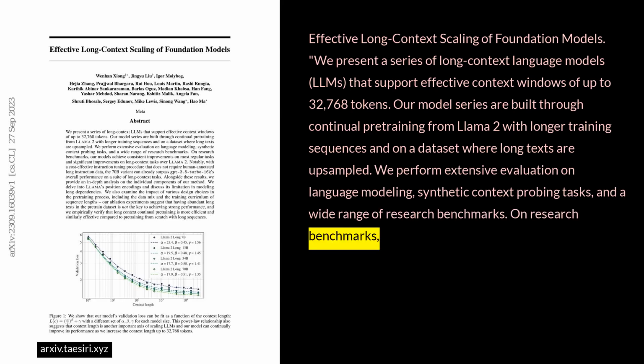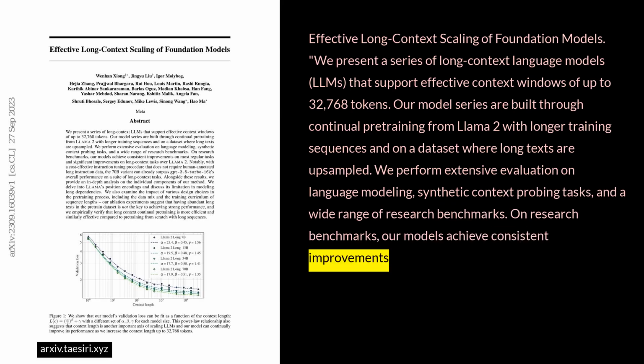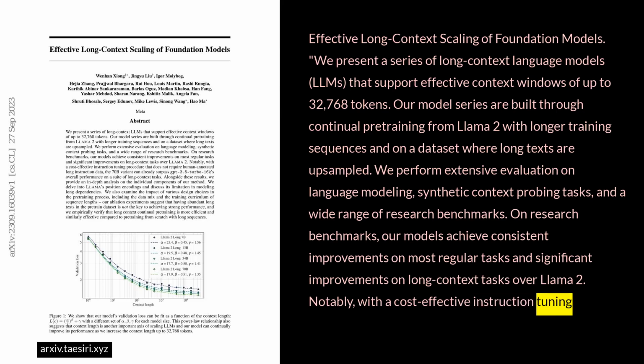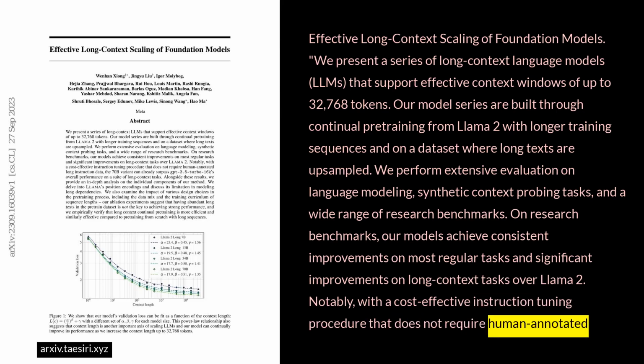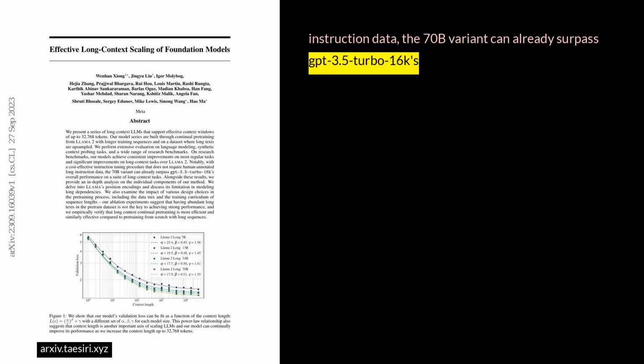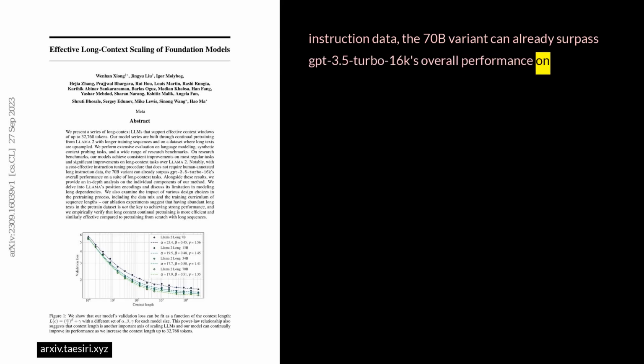On research benchmarks, our models achieve consistent improvements on most regular tasks and significant improvements on long context tasks over Llama 2. Notably, with a cost-effective instruction tuning procedure that does not require human annotated long instruction data, the 70B variant can already surpass GPT 3.5 Turbo 16K's overall performance on a suite of long context tasks.